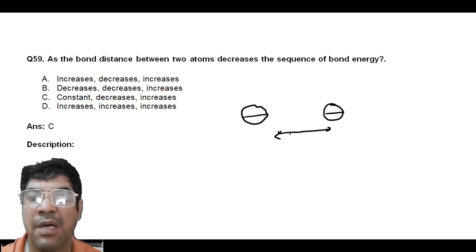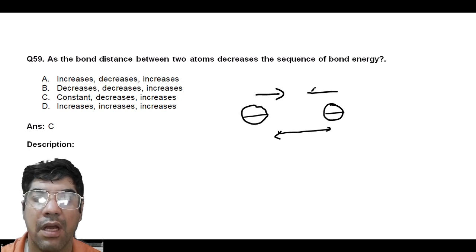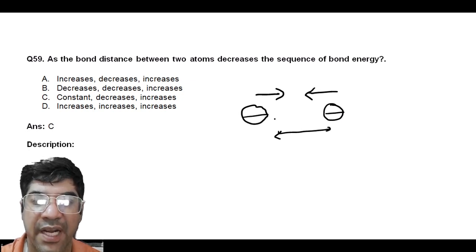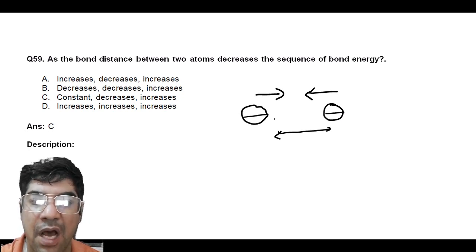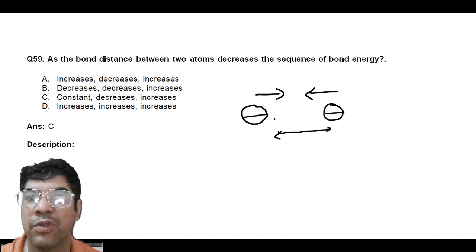As the atoms come closer, due to the forces of attraction, and as the atoms become closer, the force of attraction and repulsion almost become equal, so the bond energy will decrease.